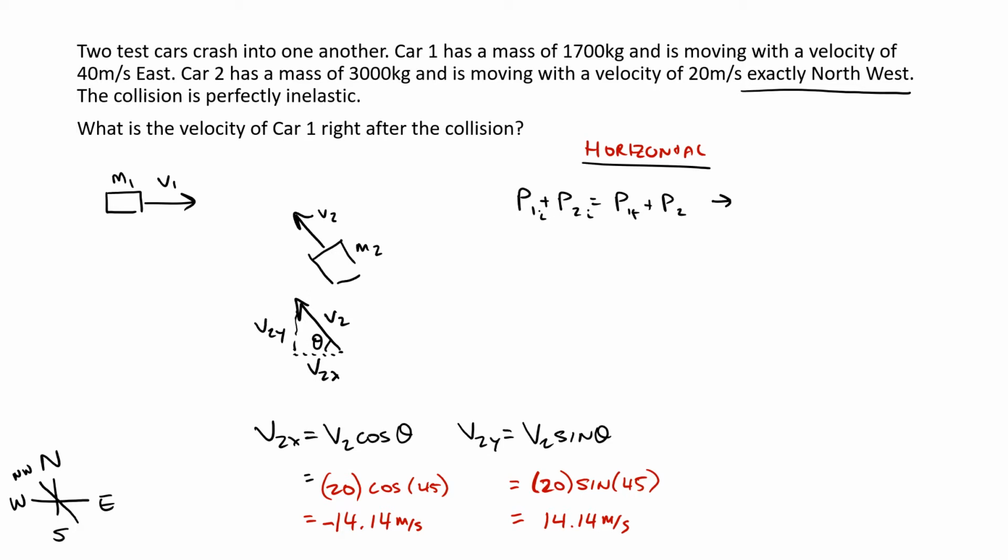In the horizontal case for the first car, we have mass 1, 1700 times its velocity, 40. Then we have to add the initial for that second car, which is to the left. But it weighs a lot more. It's 3,000 kilograms. So this is like a truck.